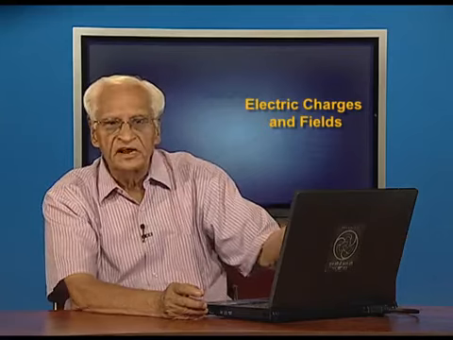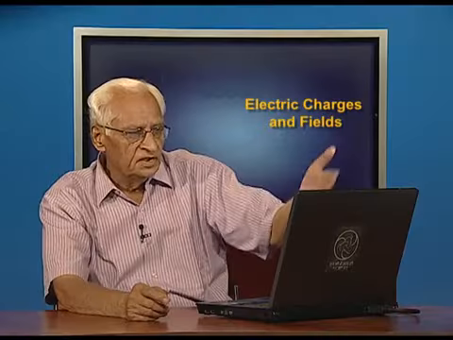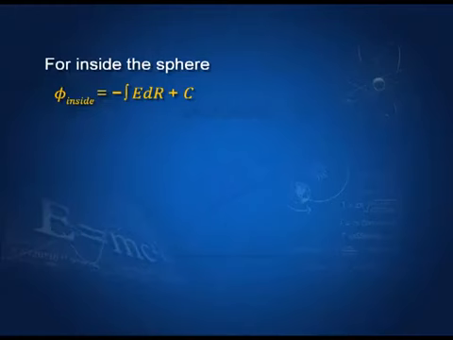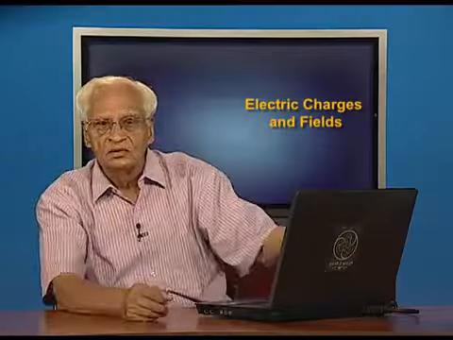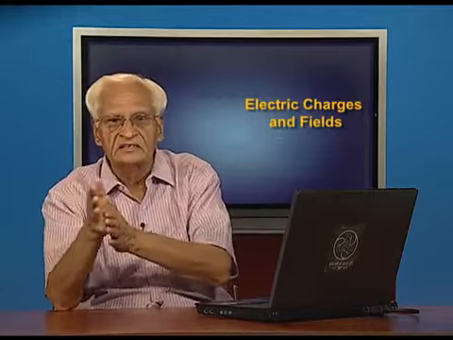For inside the sphere, again we have the same strategy, E dot dr. We substitute the value of E and then carry out the integral, and we use a constant c to match the potential inside and at the surface, so that there is no discontinuity.